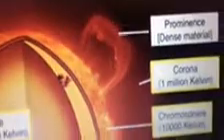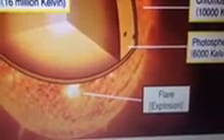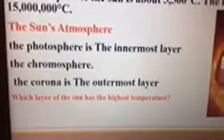Under the prominence: corona, chromosphere, photosphere, and flare. Now, the sun's atmosphere: the photosphere is the innermost layer, then the chromosphere. The corona is the outermost layer. Which layer of the sun has the highest temperature? The inner core, yes.